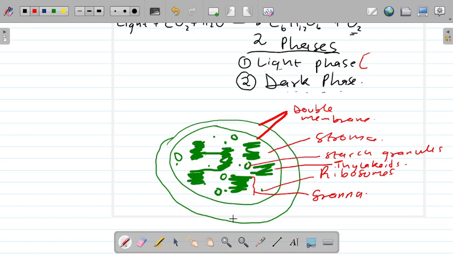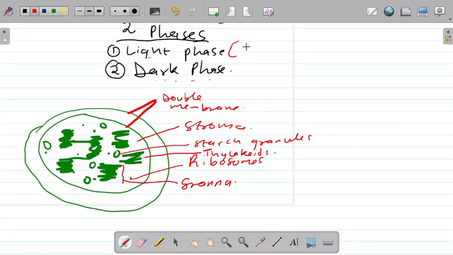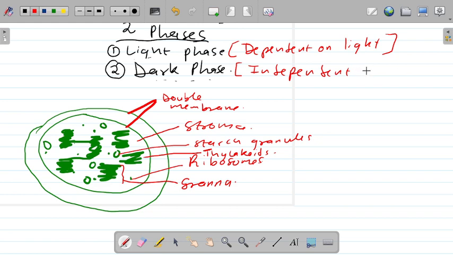Your light phase is dependent on light. And then your dark phase is independent of light.